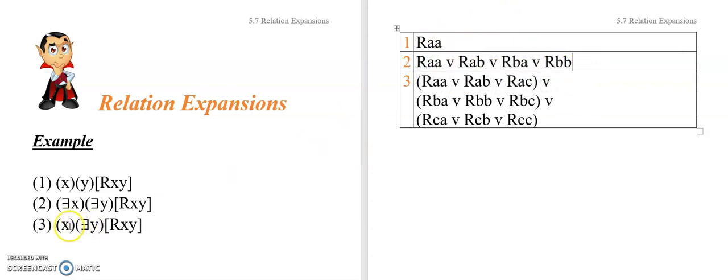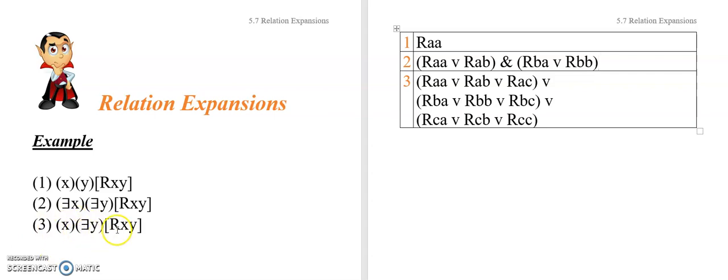But if you've got 2 things, let's see how this ends up changing. If you've got 2 things, first of all, this is the main connective of the whole sentence. So the main connective is going to have to be and. This part here is going to become an and, and it's going to look something more along the lines of this. Because the main connective of the sentence is this universally quantified thing, it's going to have to be everything, that is to say both A and B on a 2-object expansion.